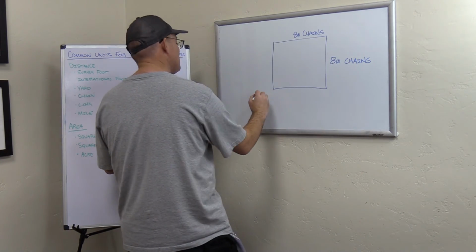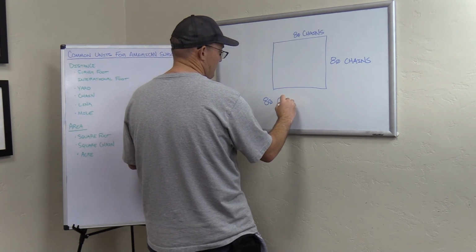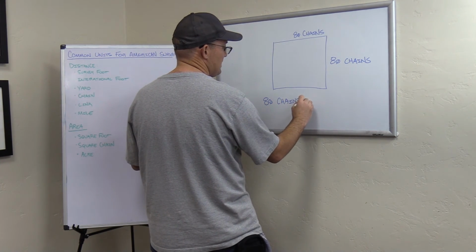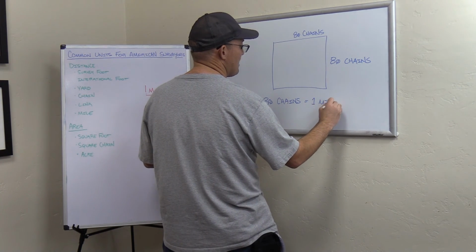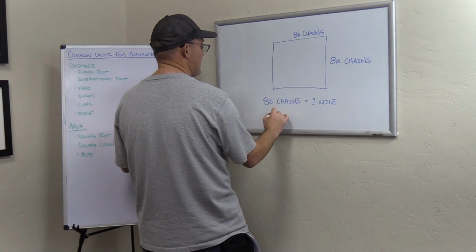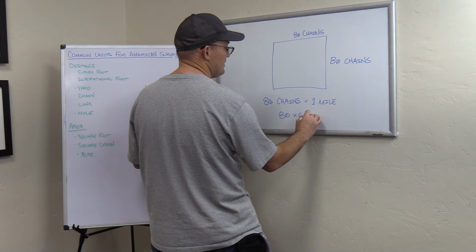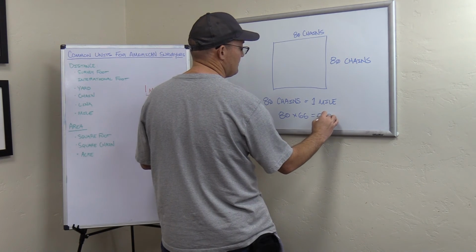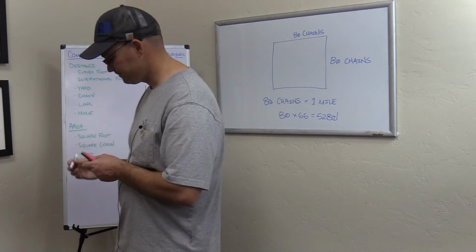And 80 chains equals a mile. We know there's 66 feet in a chain, so if you can remember that a mile is 80 chains, then you can remember 80 times 66 equals 5,280 feet. That's how many survey feet are in a mile.